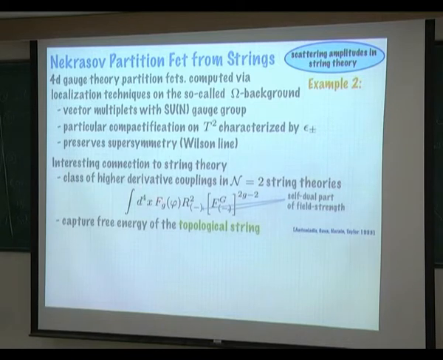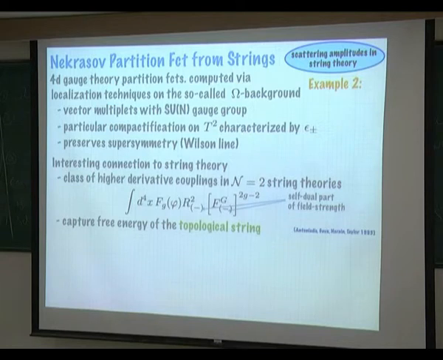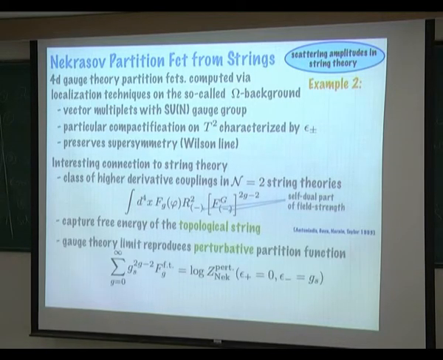These capture the free energy of the topological string. So that's an old paper by Antoniadis, Gava, Narain and Taylor, that exactly the F_g's you have here are exactly the genus g free energy of the topological string on your Calabi-Yau compactification X.